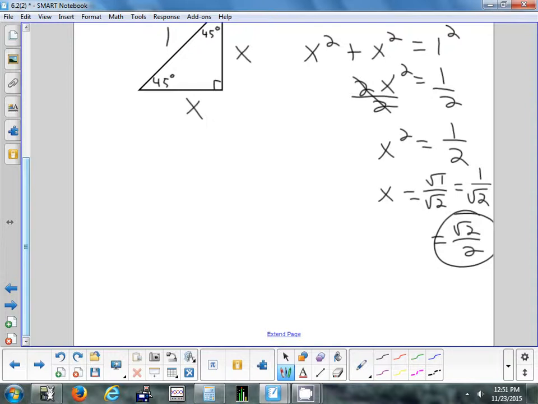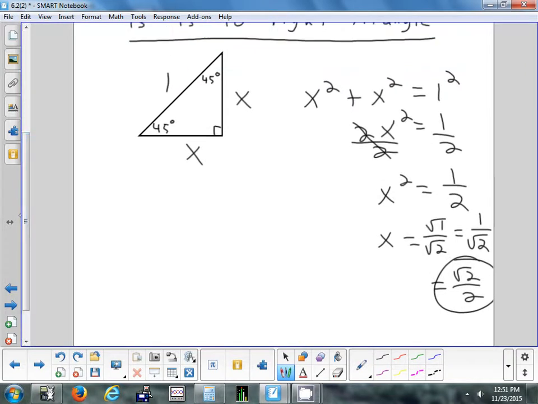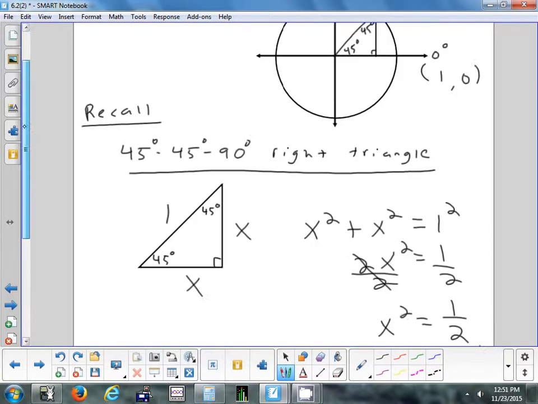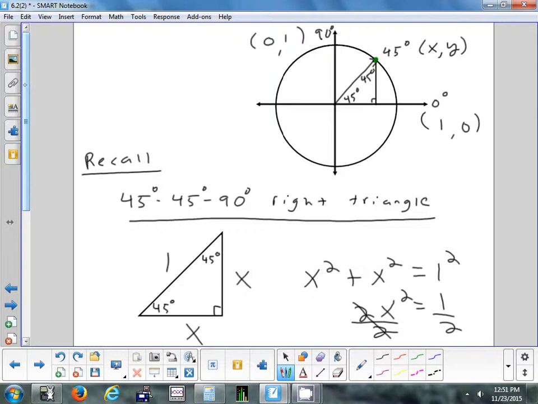Any question on how we got x? Okay, we're not going to go through that again. It's easier just to memorize that. In a 45, 45, 90, the base and the height are both square root 2 over 2. So now let's write our coordinates. What did I just say the base is?